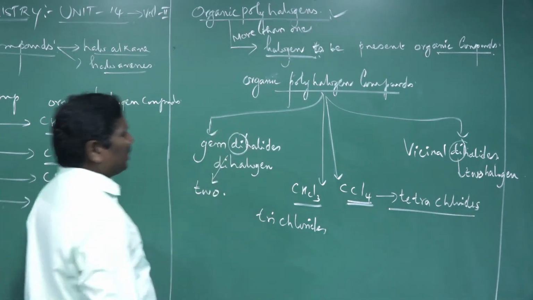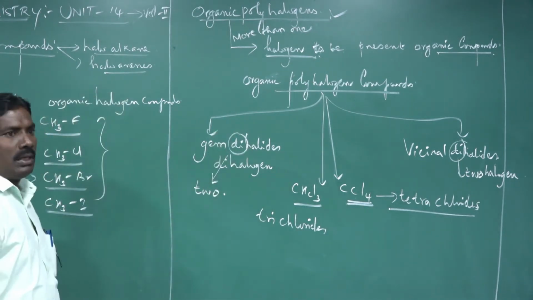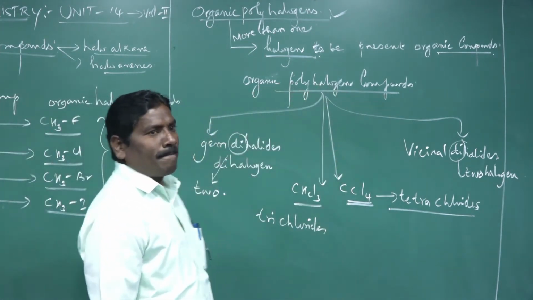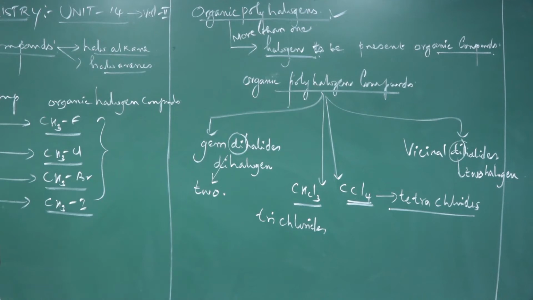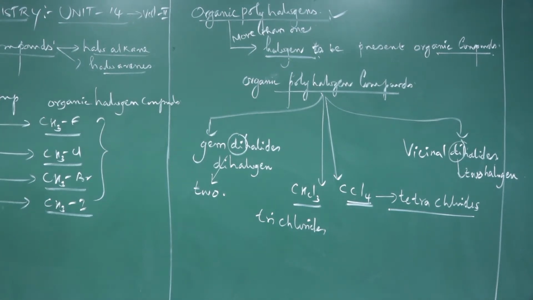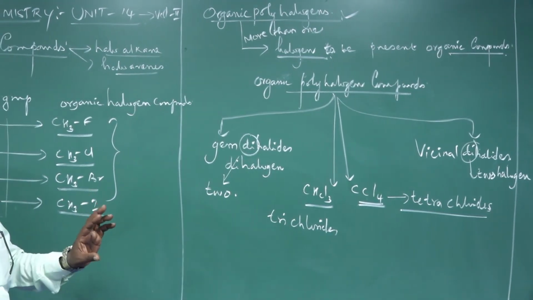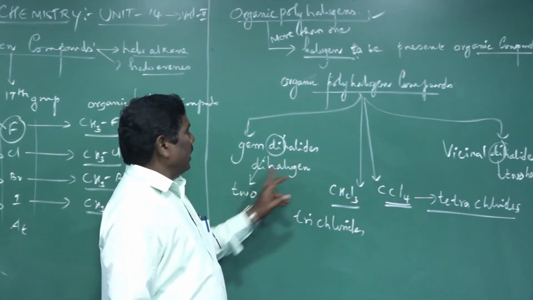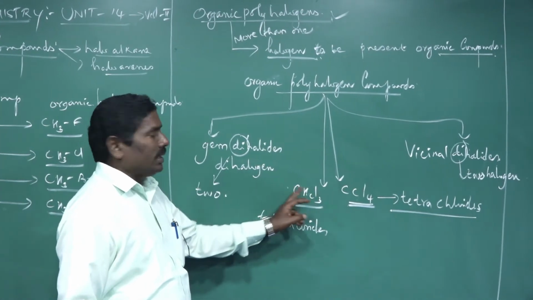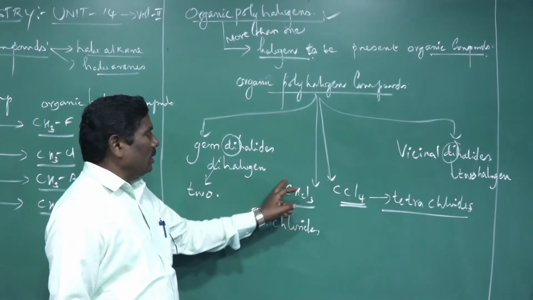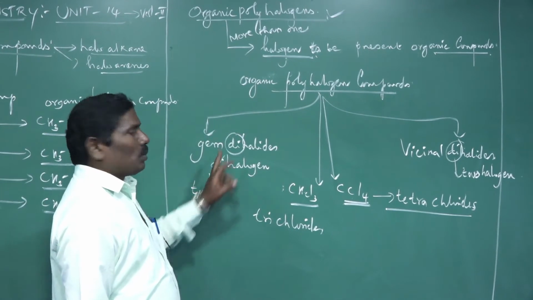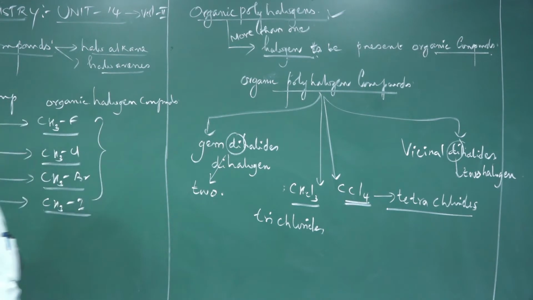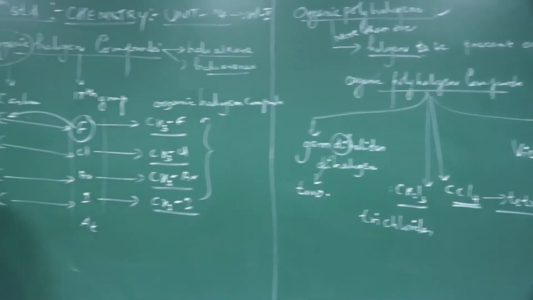Two halogens present in organic compounds are called organic polyhalogen compounds. Two or more halogens present on carbon atoms are called polyhalogen compounds.